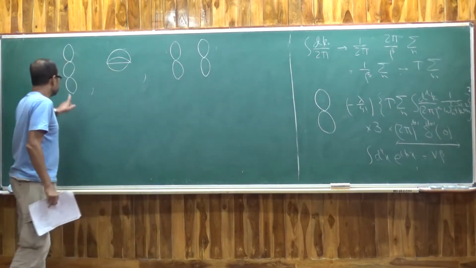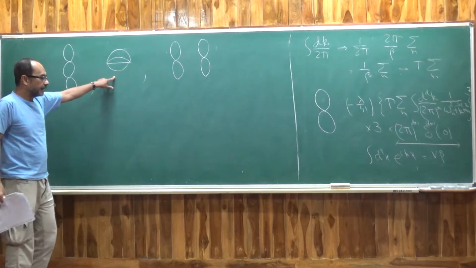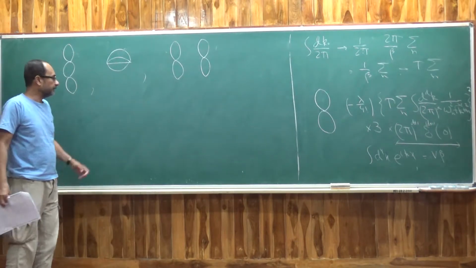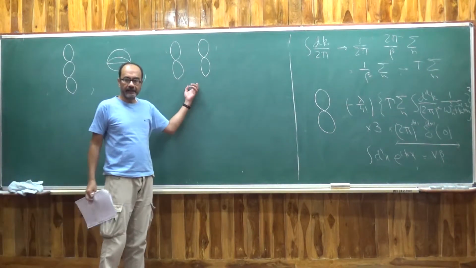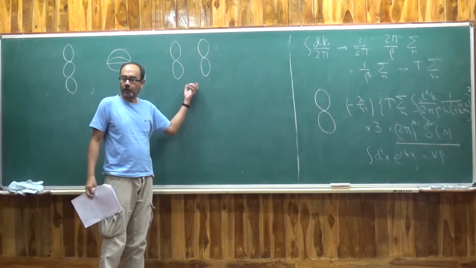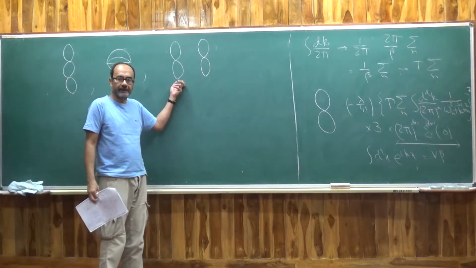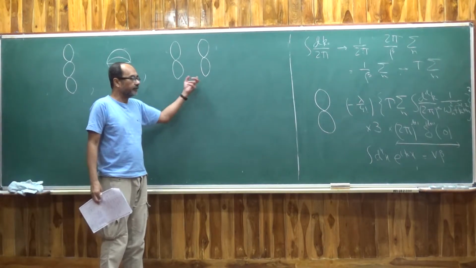These diagrams will come with factors of beta times V, because there is a momentum conserving delta function. This one will come with a factor of beta times V whole square, because for every connected component there is a momentum conserving delta function, so you get beta V from here and beta V from here.